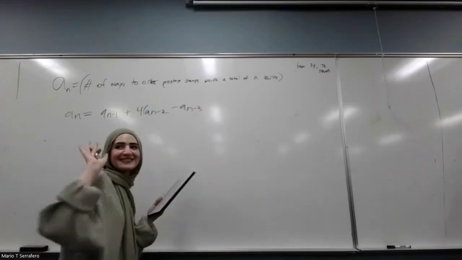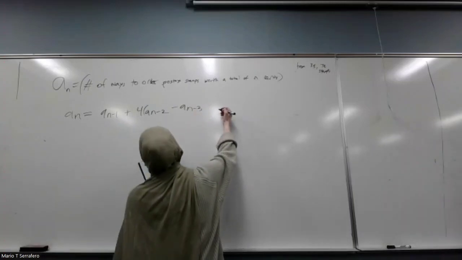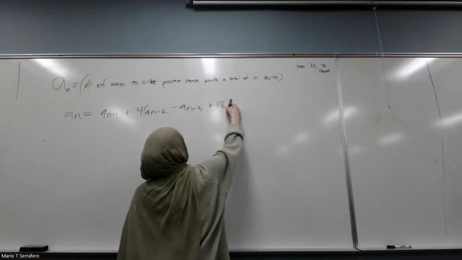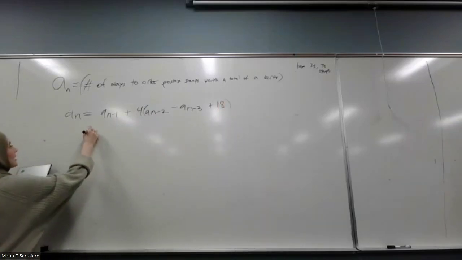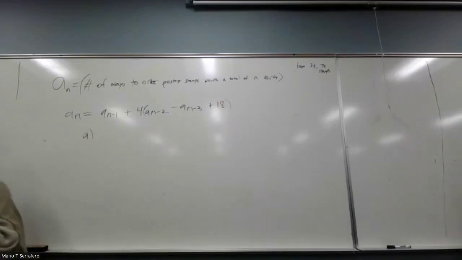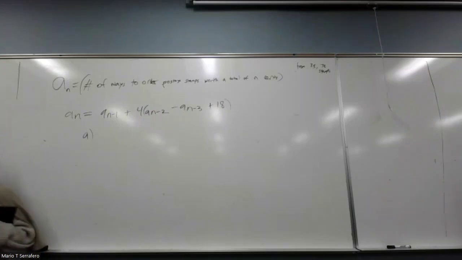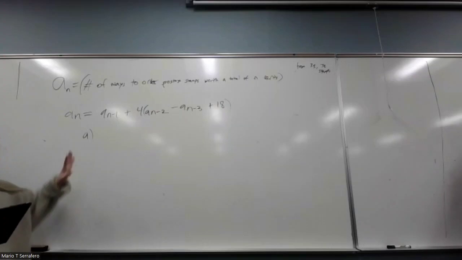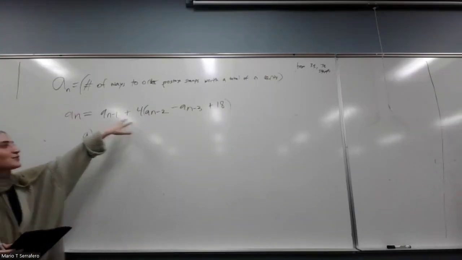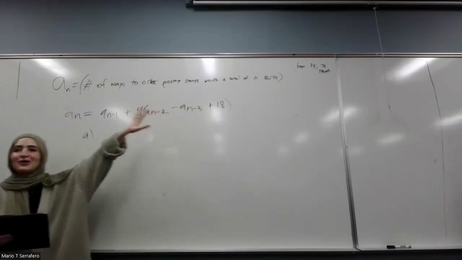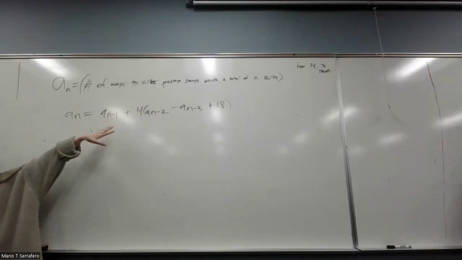I'm kind of quiet, so if I need to get louder, just let me know. Part A is asking us to identify the homogeneous part of the equation. My knowledge on this is very limited, but to my understanding, it's any part of it that involves a recurrence. Does anybody know what that would be for this one?